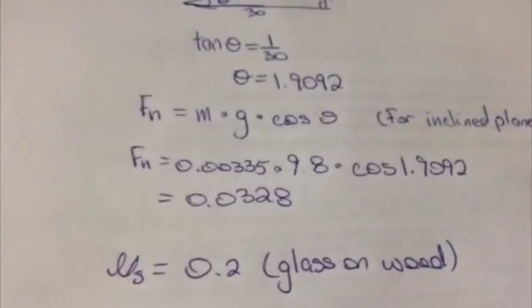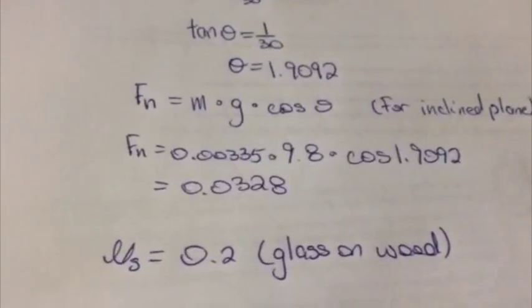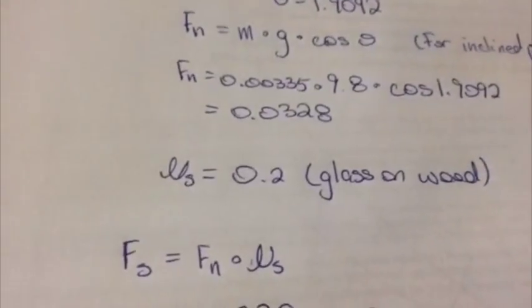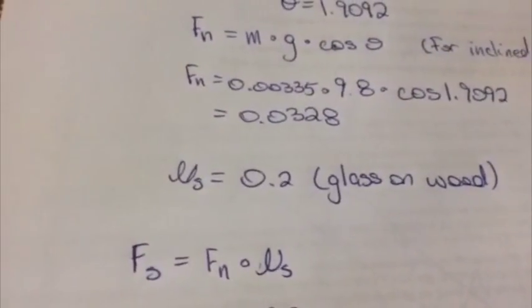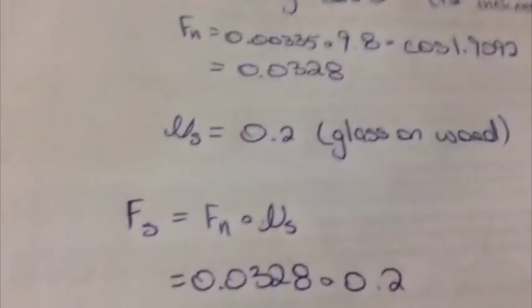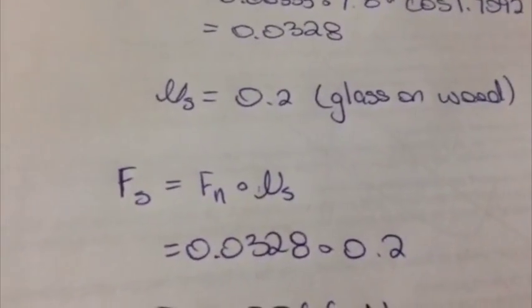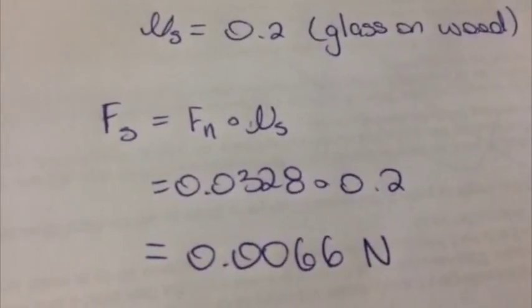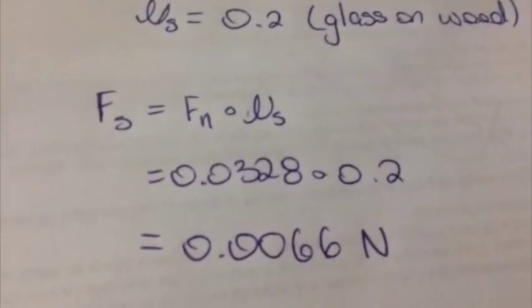So now the coefficient of static friction for glass on wood is 0.2, as I got from Google. So the full formula for the force of static friction is the normal force times the coefficient of static friction, which comes out to be 0.0328 times 0.2, which ends up equaling 0.0066 newtons. And that is the force of static friction.